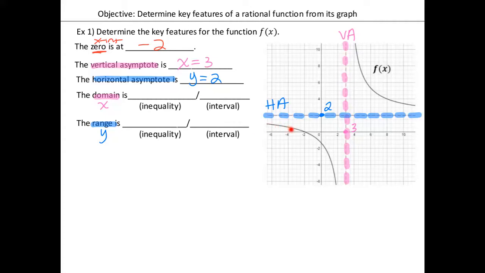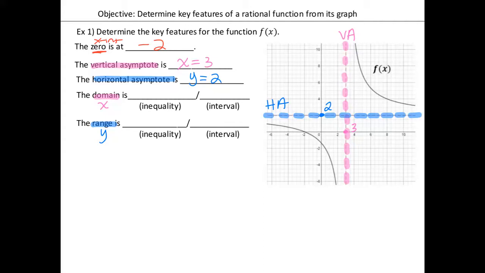Looking at my curve, it's all of these x values going all the way to negative infinity. It keeps going for all of these x values, except I am not allowed to touch or cross that value of 3. But it does pick up on the other side of 3, and it goes on forever to the other side.